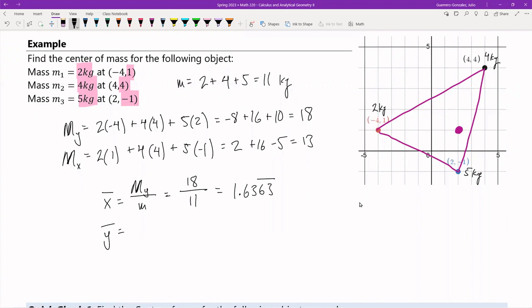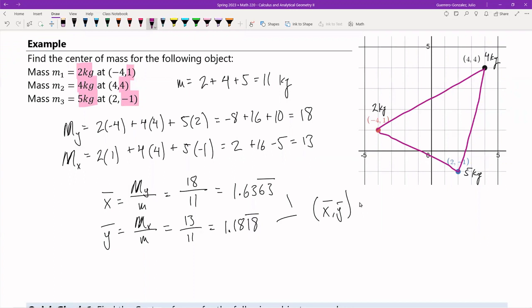Y bar is the same, the moment with respect to the x-axis over the total mass, 13 over 11, and this is 1.1818 repeating. Okay, so now this right here is what's going to give us our x bar comma y bar, our center of mass for the whole thing, right?